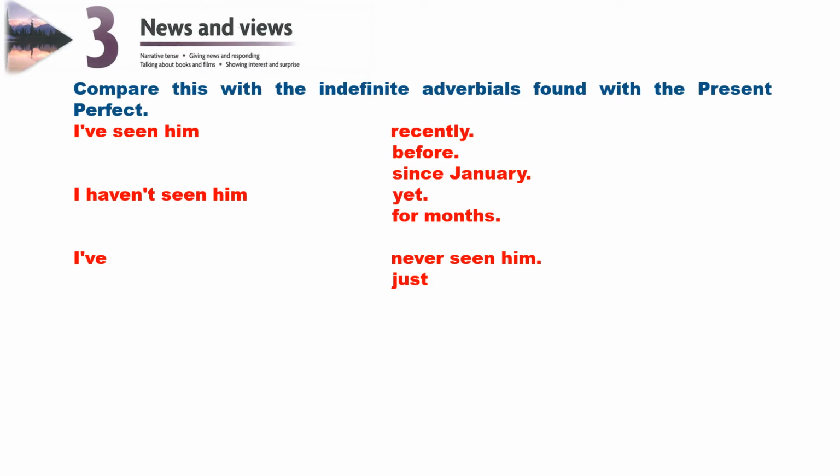It means that they didn't give me the exact time when this happened, when I have seen him, or I haven't seen him yet, or I haven't seen him for months. So for months and yet, they didn't give me an exact time. Or I have never seen him, or I have just seen him. So never seen him or just seen him, it doesn't give me when exactly that happened.